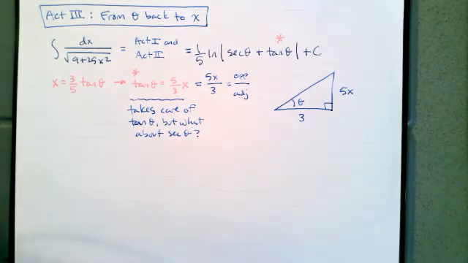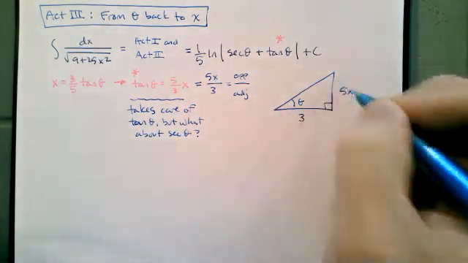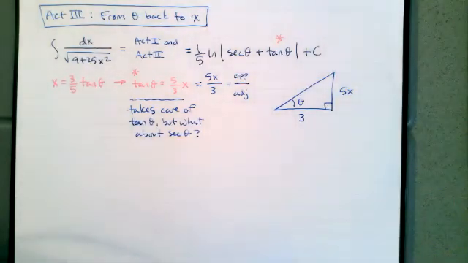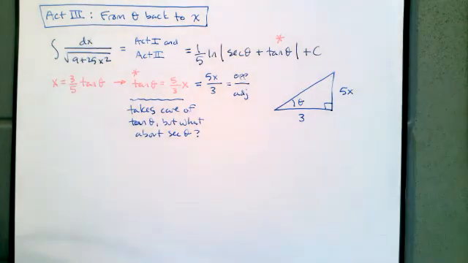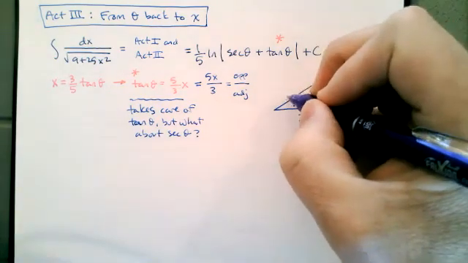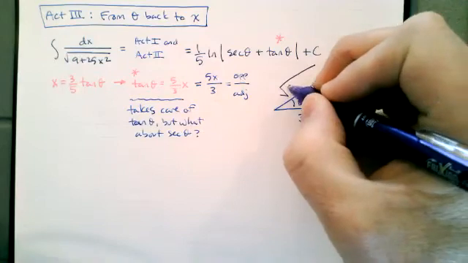So secant theta, if I look at this right triangle here, the hypotenuse is going to be the square root of a squared plus b squared, which is going to look very familiar. So in this case, the hypotenuse is going to be the square root of 9 plus 25x squared.